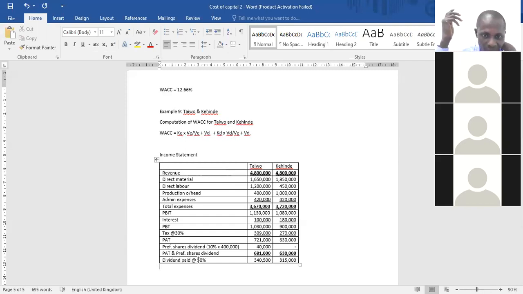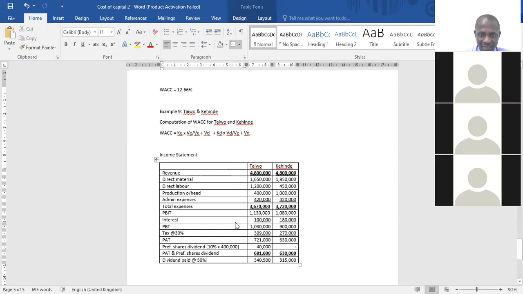Now, I need to go further. For me to compute cost of equity, I need my dividend, Abi, and we have gotten the dividend now. I need my market value of equity. So what is the market value of equity?